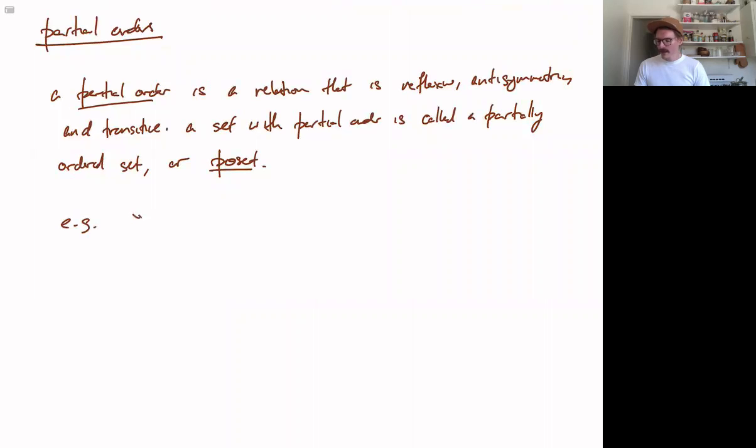So we expect it to be something like an order, but let's first note that this is not a partial order because it is not reflexive. Our orders are required to be more like less than or equal rather than strict less than.